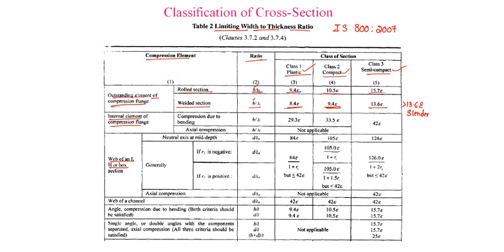Similarly, the section classification is given for internal elements of compression flange, for web of an I, H or box section, for web of a channel section, and for angles with compression due to bending, where both criteria should be satisfied. For single angle or double angle with components separated, under axial compression, all three criteria should be satisfied.